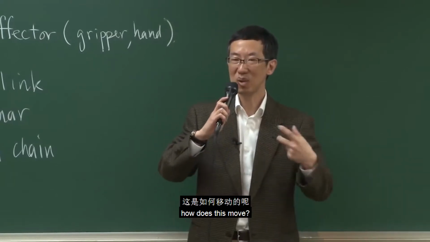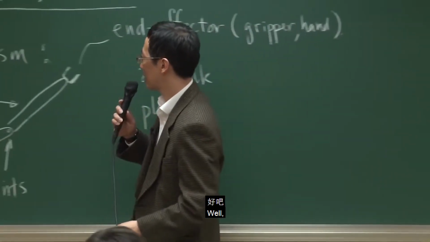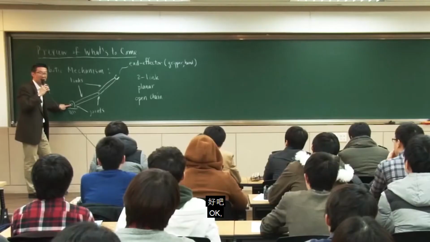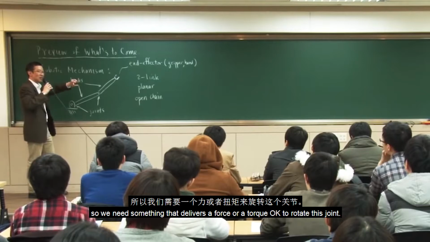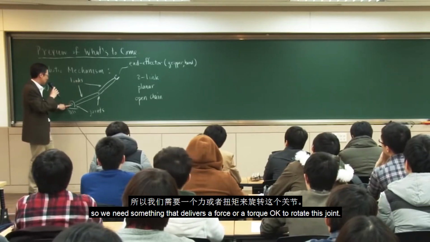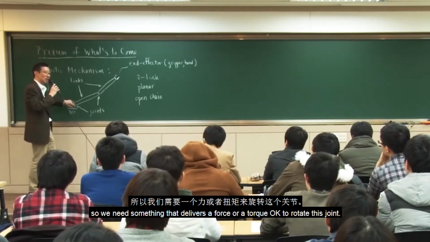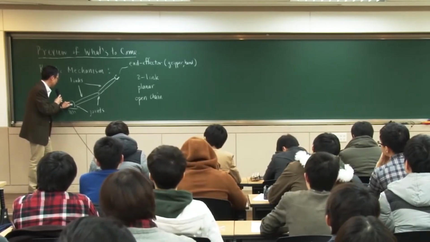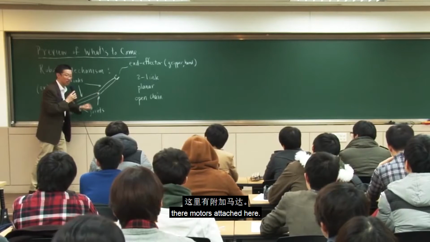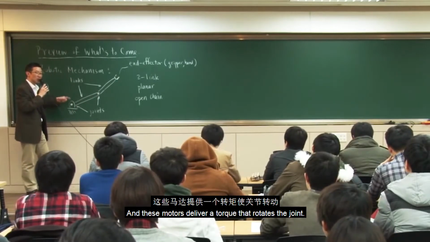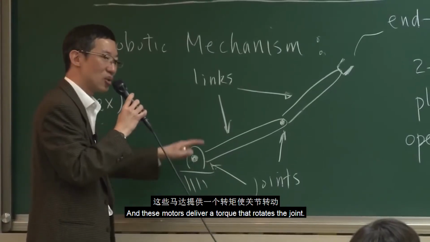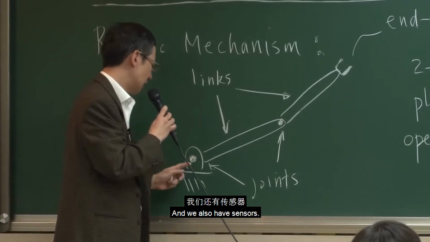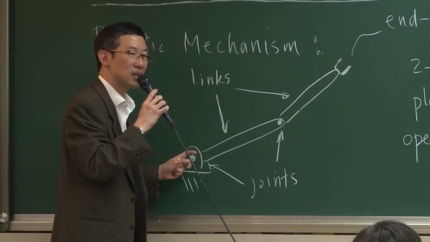Okay. Now, how does this move? Well, it moves by rotating the joints. Okay? So we need something that delivers a force or a torque to rotate this joint. And typically we have motors attached. Okay, so there are motors attached here. And these motors deliver a torque that rotates the joint. Okay, and we also have sensors.